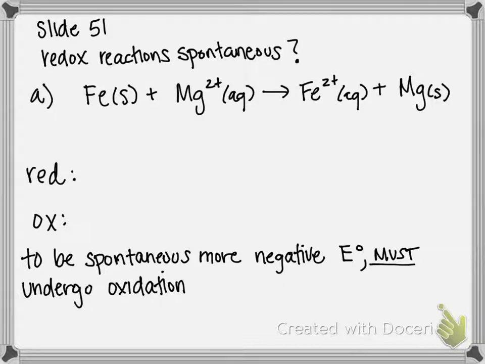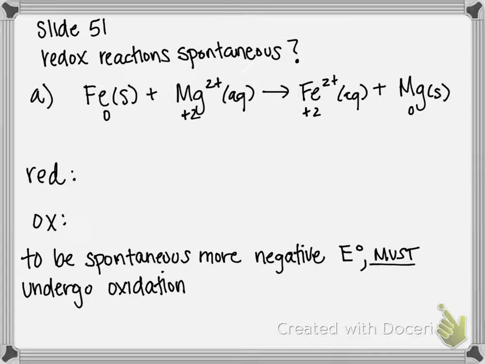So we're going to start with A, which is iron reacting with magnesium 2+ to produce iron 2+ and magnesium. So first things first, we need to figure out what's oxidized and what's reduced. So we're going to assign oxidation states to everything. Iron solid is 0, magnesium 2+ is +2, iron 2+ is +2, and magnesium solid is 0.